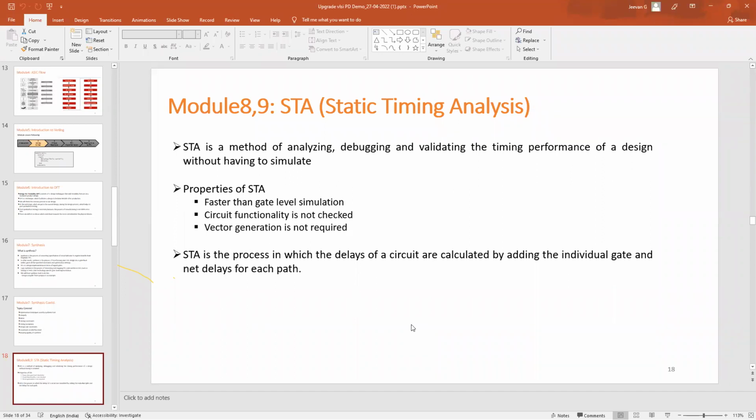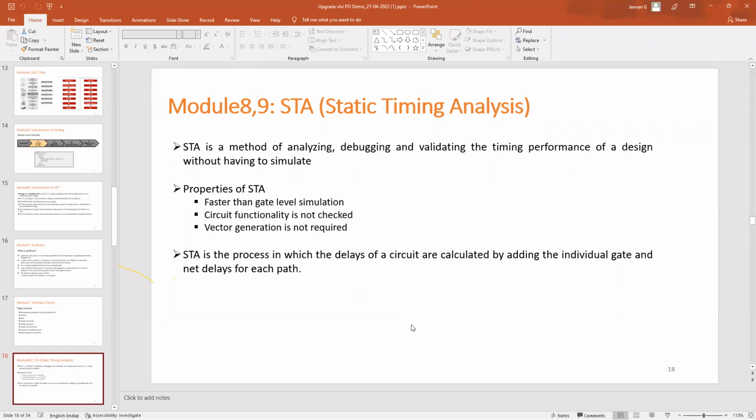With respect to timing, you need to do some analysis on whether we are in good shape with respect to timing or not, whether we are under control of timing or not. This analysis part is called static timing analysis. We are going to cover this STA topic as well along with this physical design course.